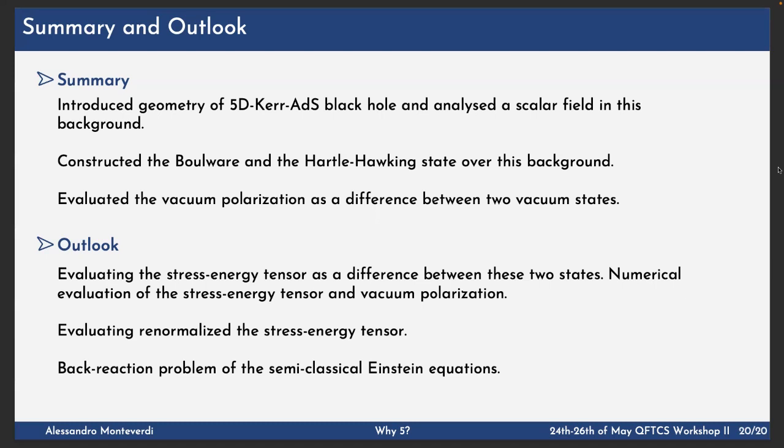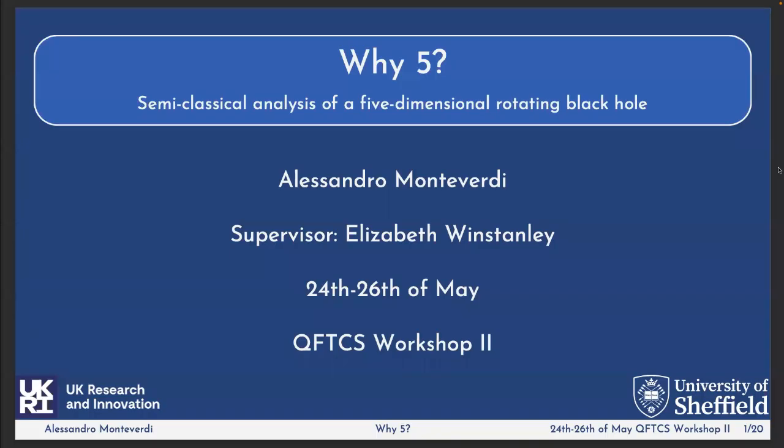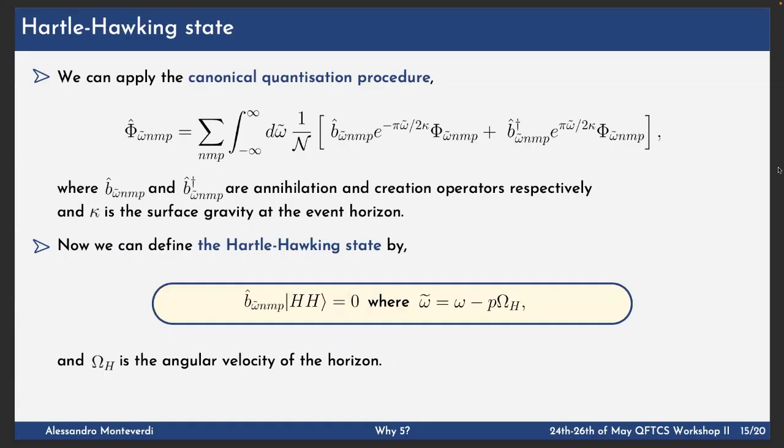Could you say more about where in the extended space-time the Hartle-Hawking state and the Boulware state exist as Hadamard states? Sorry, if I understood the question correctly, is where this is Hadamard?